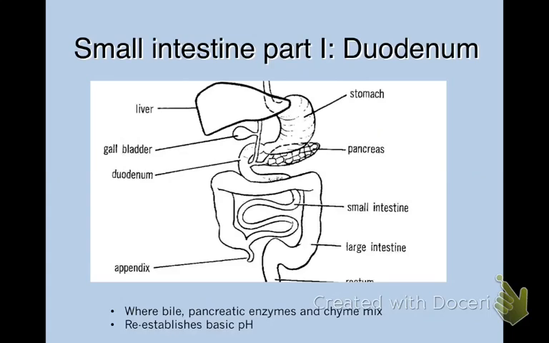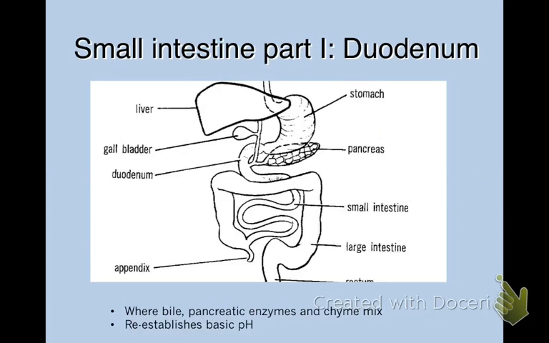So an important part of the whole system is the duodenum, and if you remember, that has the major duodenal papilla, which is where the gallbladder and pancreas dump their stuff. So this is kind of like the major intersection, like where 580 and I-80 and 880 all kind of mix in Oakland.